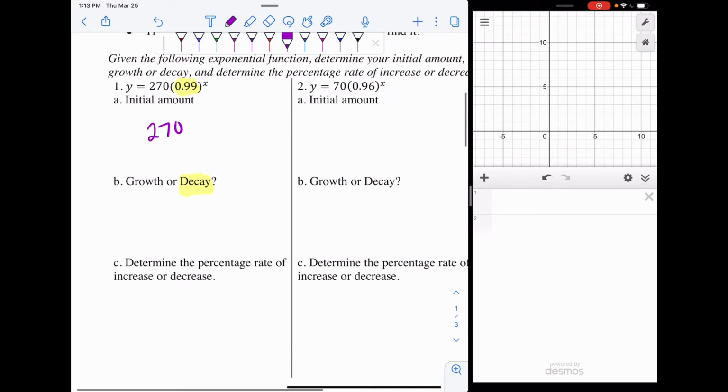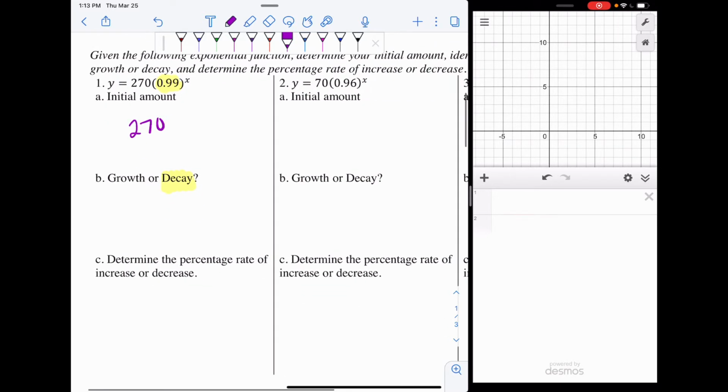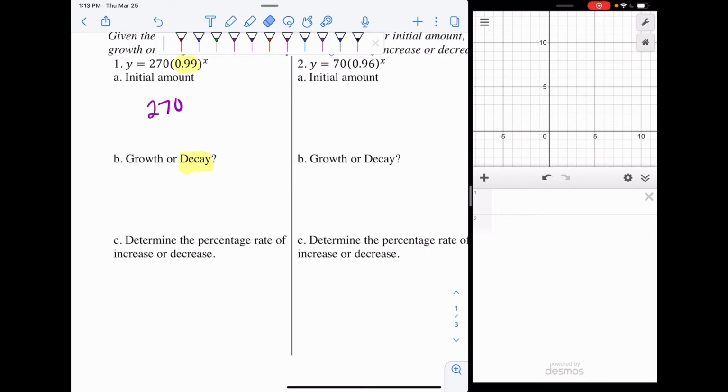Now we need to determine that percentage rate of increase or decrease. Since this is decay, it's decreasing. So we're going to do 1 minus r equals 0.99. To solve that equation, I subtract 1 from both sides.